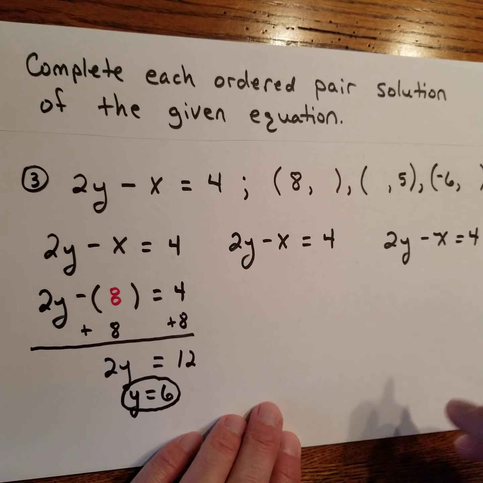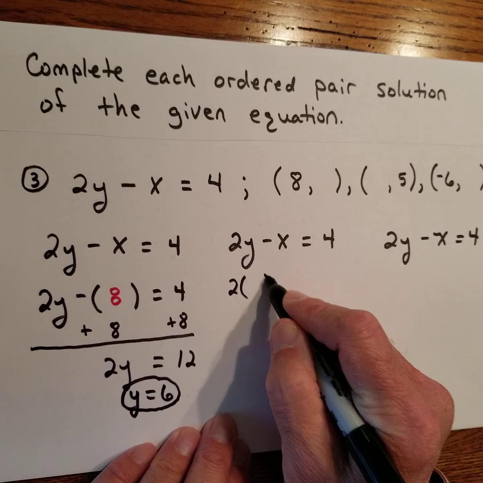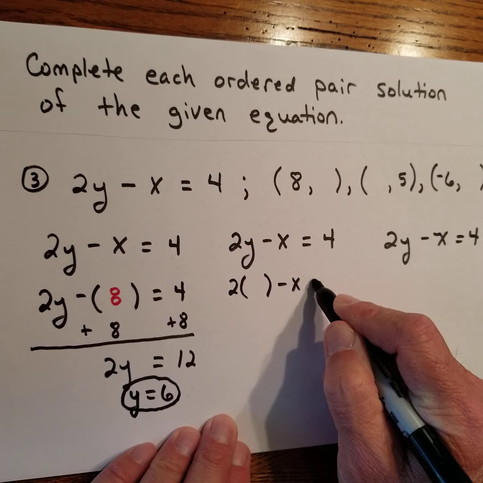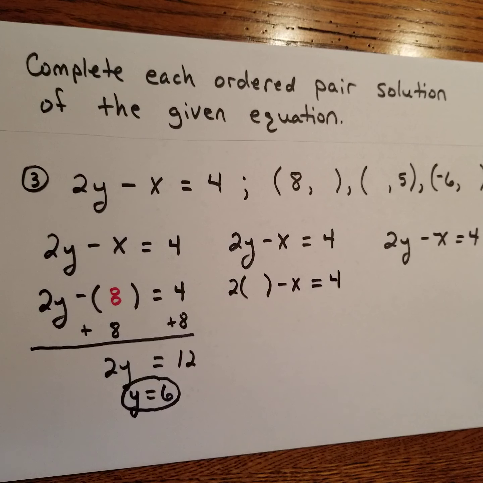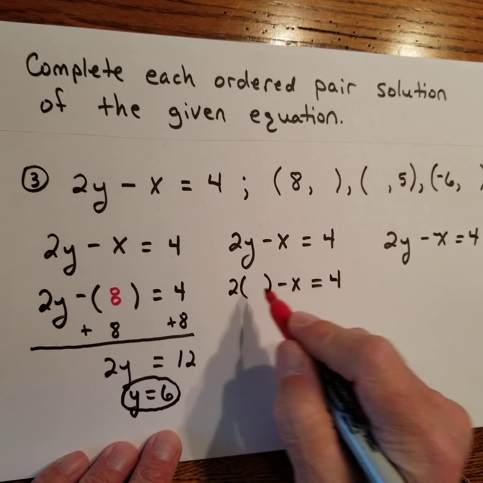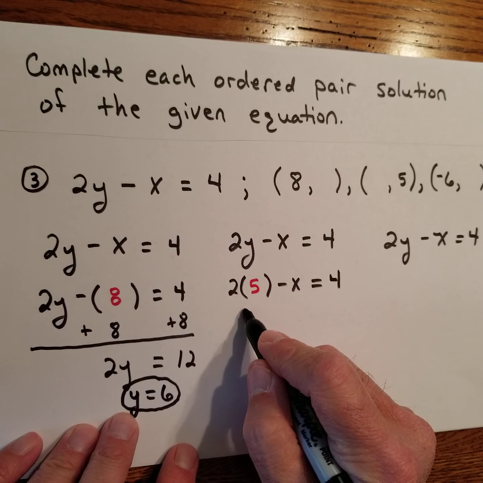For the second example, y is 5. We have a number to plug in for y. We're going to find x. We plug 5 in for y. 2 times 5 is 10.